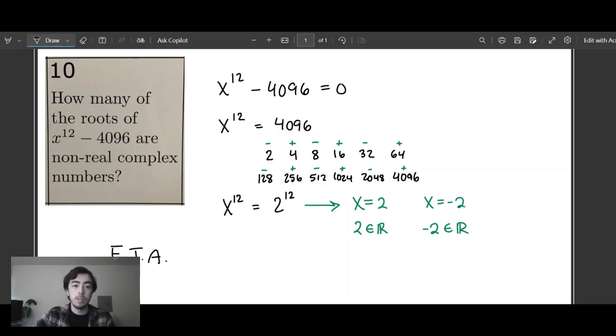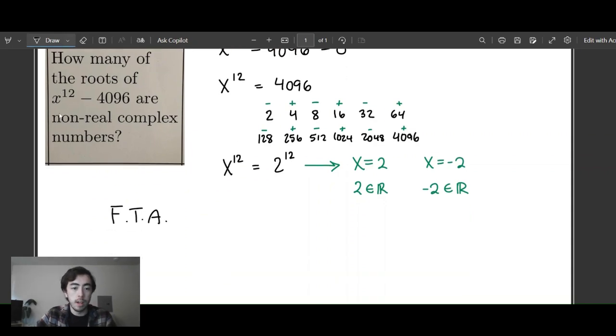Or in other words, for this specific problem here, the degree here is 12. That's the highest power of any of my terms. And that 12 is going to be the exact same amount of roots that I'm going to have for this equation, or the same amount of numbers that I could plug in here to get a 0 out of this whole thing. So I can say here that the fundamental theorem of algebra states that we have 12 roots.